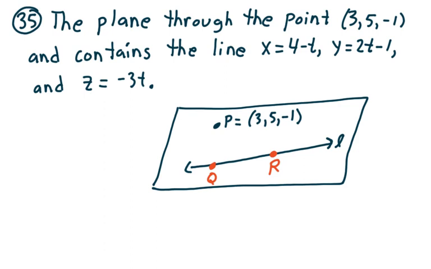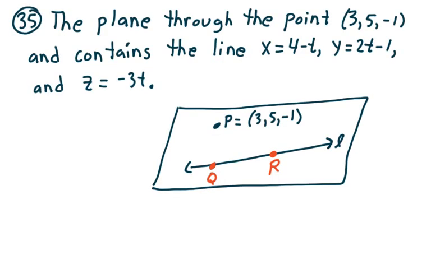So if the plane contains the line, it contains 2 points on the line. And so what I'm going to do is reduce this problem to finding the equation of the plane through the points P, Q, and R, where Q and R are points on the line. Okay, so that's what we're going to do.